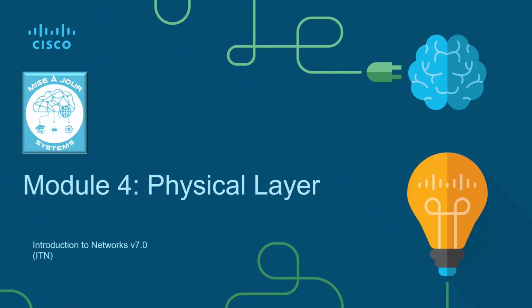Welcome to today's session. And today we look at module number 4, the physical layer. In the previous module, we discussed protocols and models, and most importantly, we looked at the OSI model.